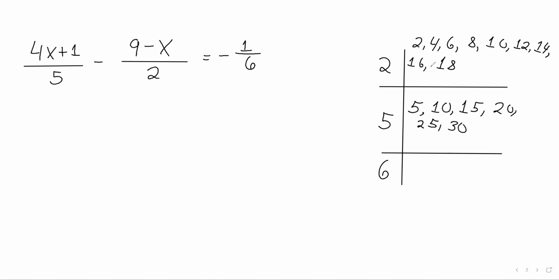5 times 1, 5 times 2 is 10, 5 times 3 is 15, 20, 25, 30. Okay, when I compare my two lists, I never encountered a number in common yet. Let me keep going. Let me try using the 6. 6 times 1, 6 times 2, 6 times 3, 6 times 4 is 24, 6 times 5 is 30. Ah, there we go. That's a number in common.